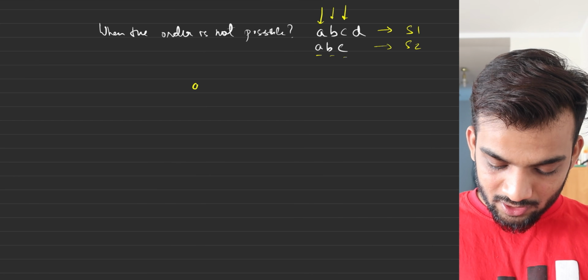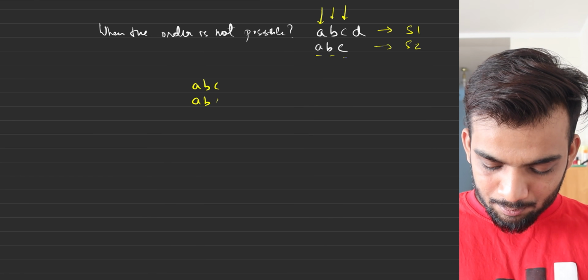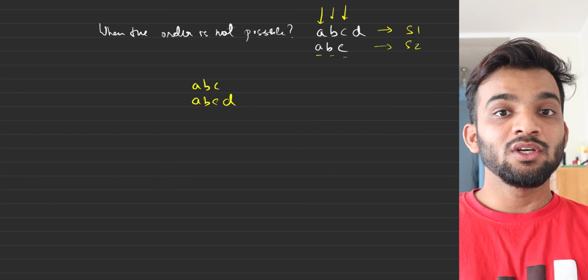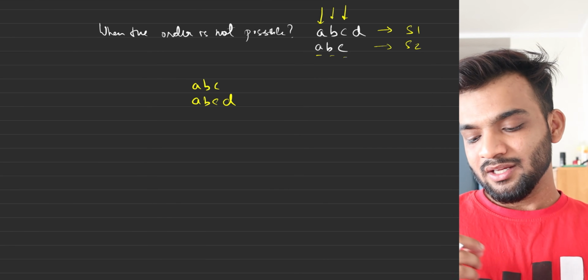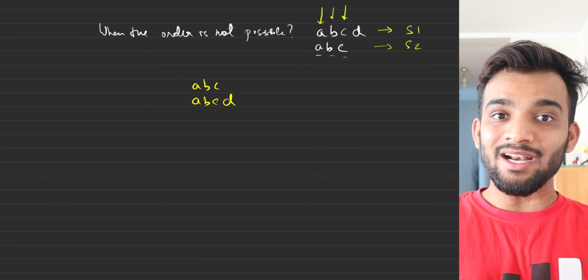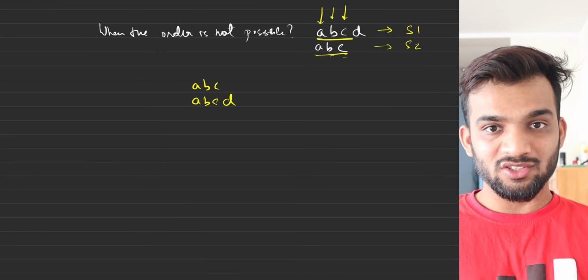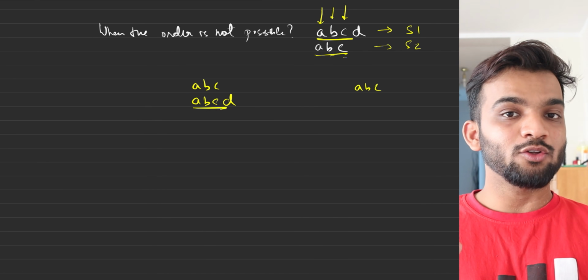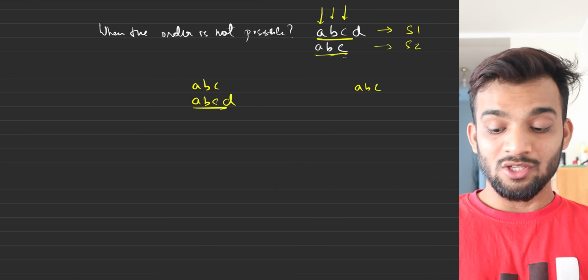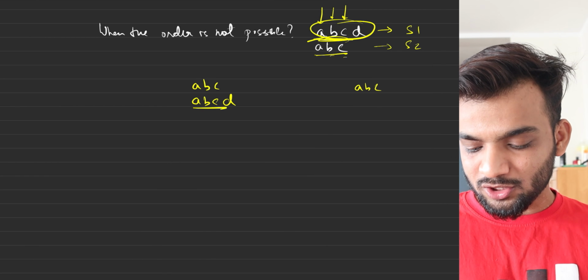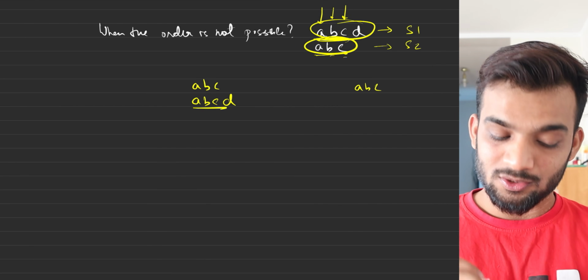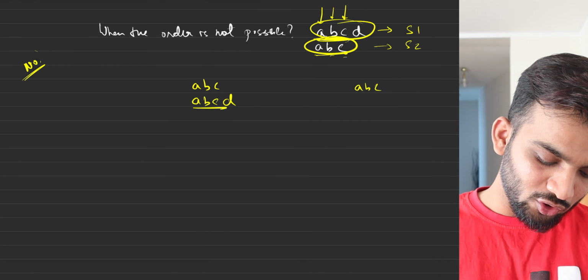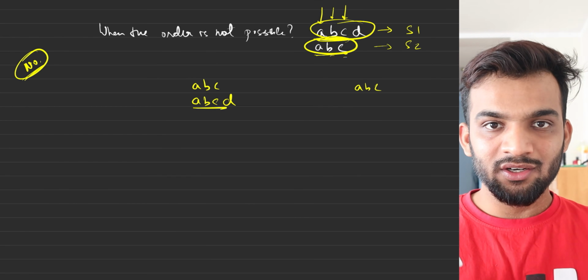The shorter string ABC should have been before ABCD for sure. So you can say that if everything is matching and the larger string is before the shorter string, very important. If ABC was before ABCD, then that is fine. You don't need to find an order for this. But if the larger string is before the shorter string, when everything matches, it's a no. Order is not possible. It's a wrong dictionary.